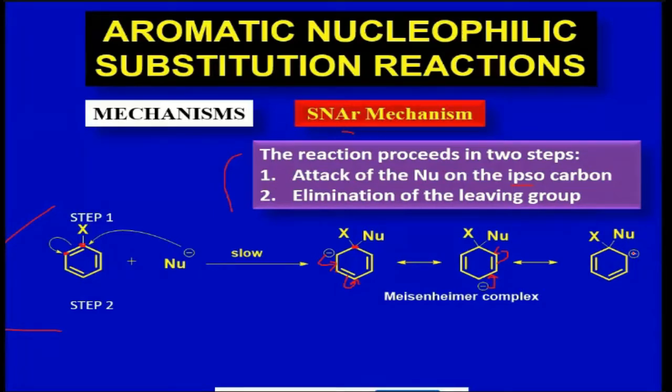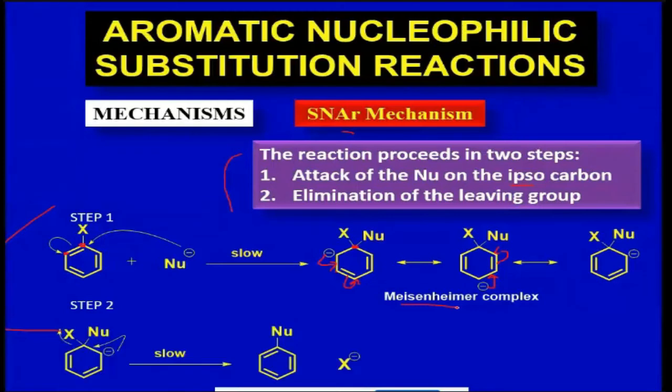Finally, because aromaticity has to be restored, by the way, this complex is known as Meisenheimer complex, after the name of the scientist who worked on it, Jacob Meisenheimer. So this is known as Meisenheimer complex. So in the second step, the leaving group leaves. This complex is unstable, of course, although it involves resonance, but still it is unstable.